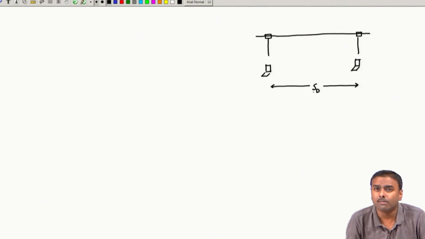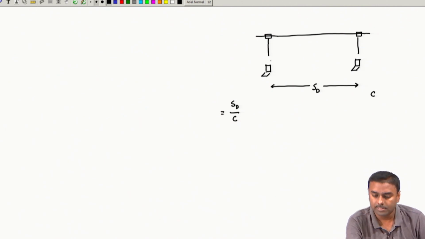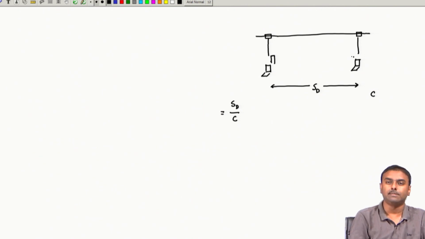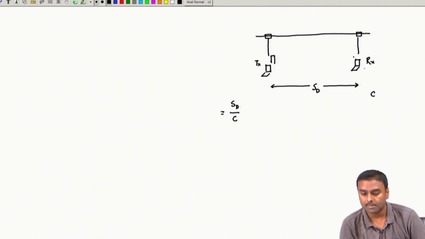If the velocity of the electromagnetic wave propagating through this coaxial cable is c, then SD by c is the time it takes for the first bit of the signal to reach this location, from his transmitter to his receiver. That is something we have already discussed.